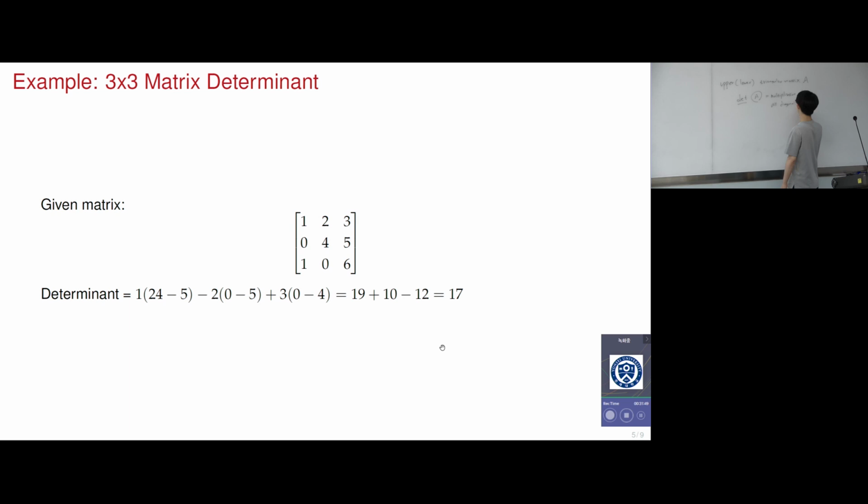So what does this mean? Let me talk about this by using an example.